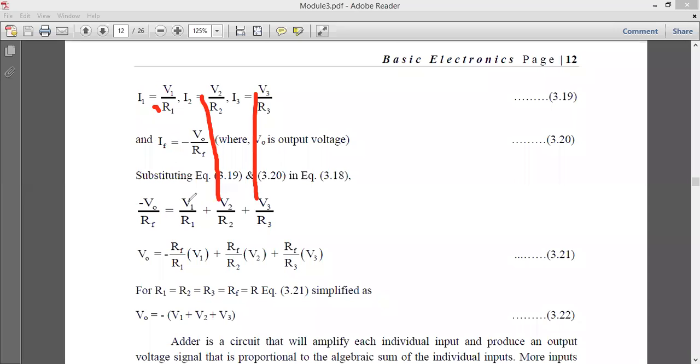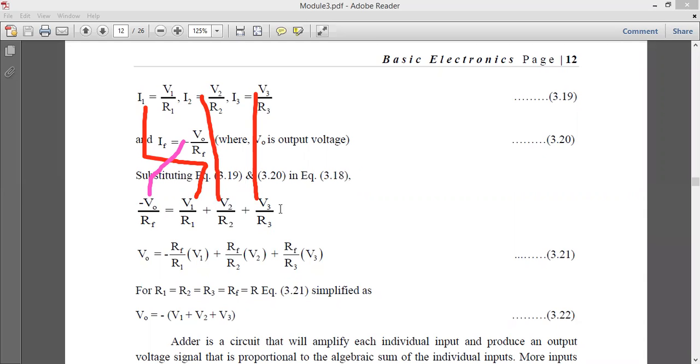This is I1 here, right? Just to make it more clear, this is my I1. These are the three currents. And what is the current IF represented by? IF is nothing but you substitute here. So now I have all the currents, input current and output current, substituted in this particular equation.